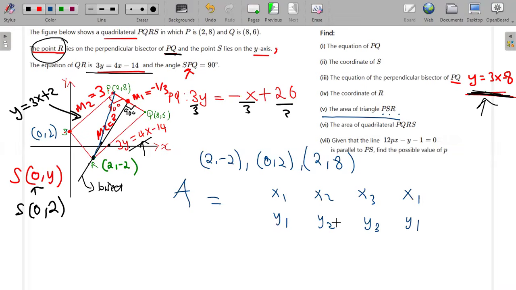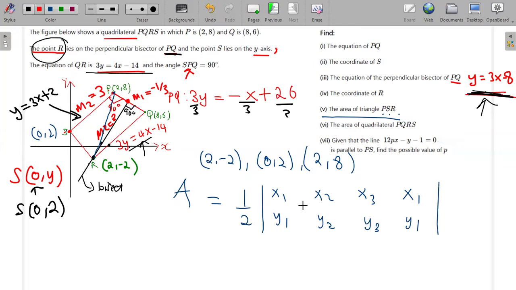So are you sure, or have you forgotten something there? It's area, so we have forgotten to put a half, and the brackets. Yes, we are finding area.